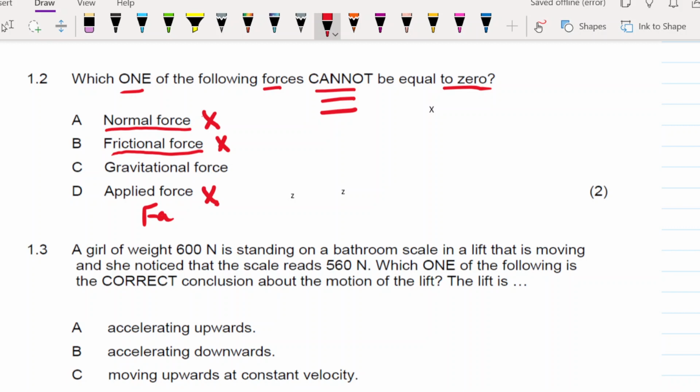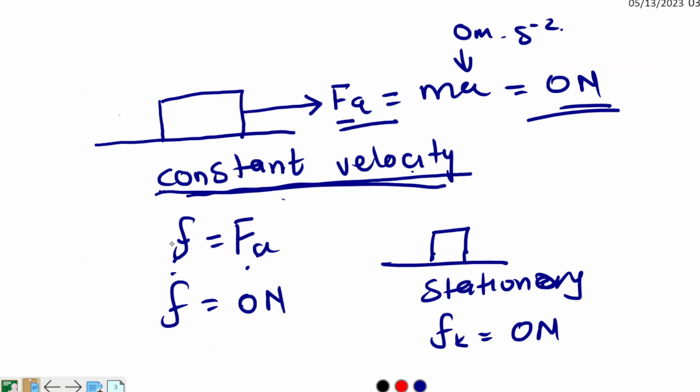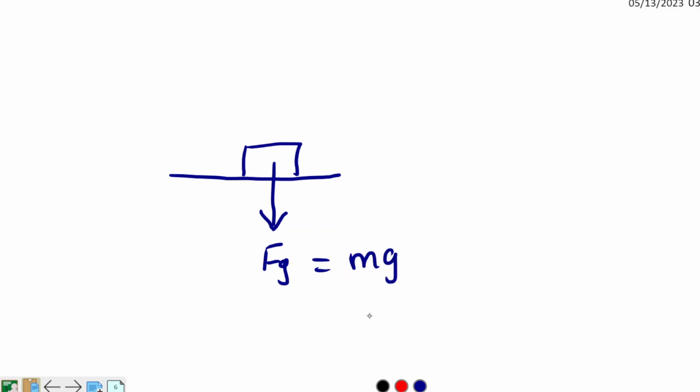Now let's look at option C, the gravitational force. Can the gravitational force be equal to 0? That's what we want to check. Now, the gravitational force, we know it's the force that the object exerts towards the center of the earth, and this force is mg, where the mass is constant throughout.